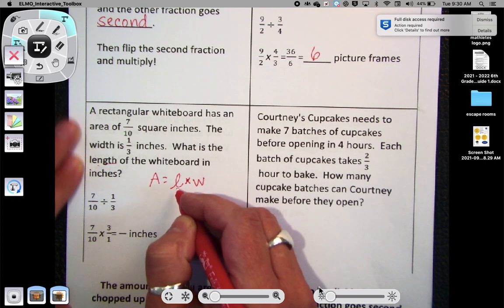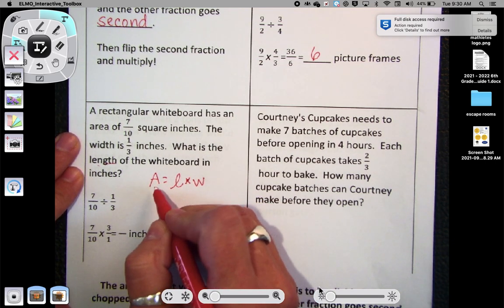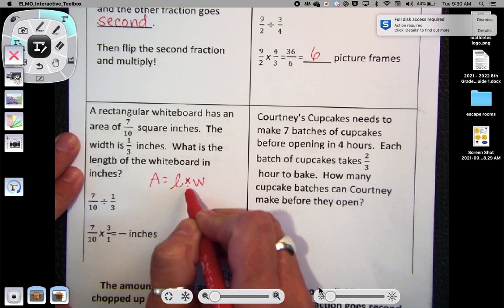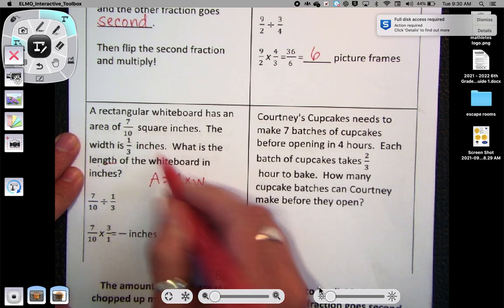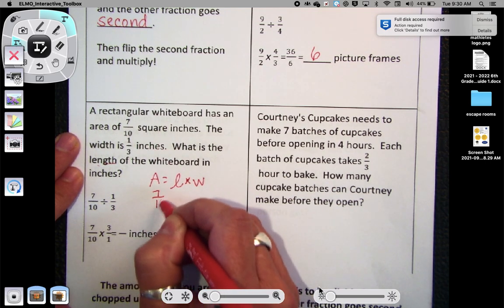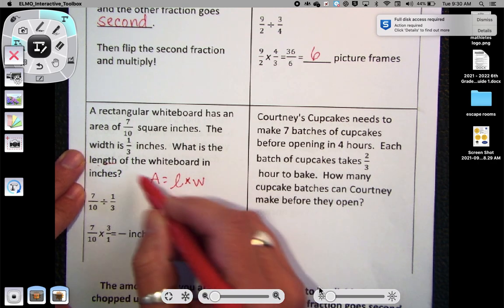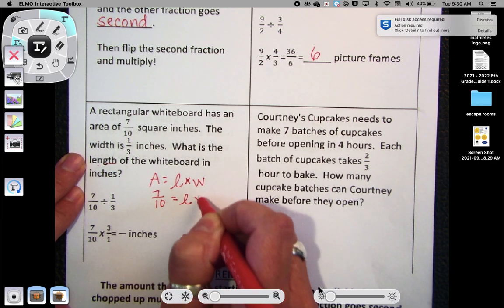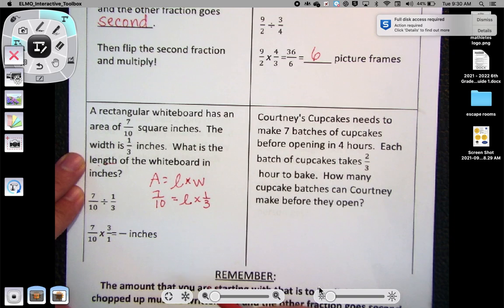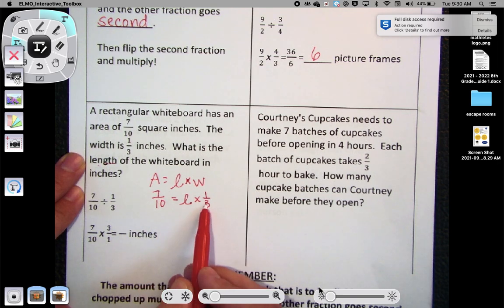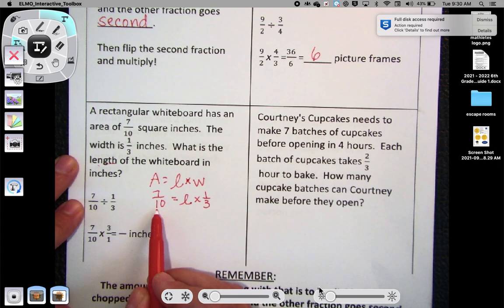That's an L, okay? So if the area equals length times width, and they tell us that the area is 7/10, they're looking for the length times 1/3. How do we solve for L? Just like if these were whole numbers, we divide 7/10 by 1/3.